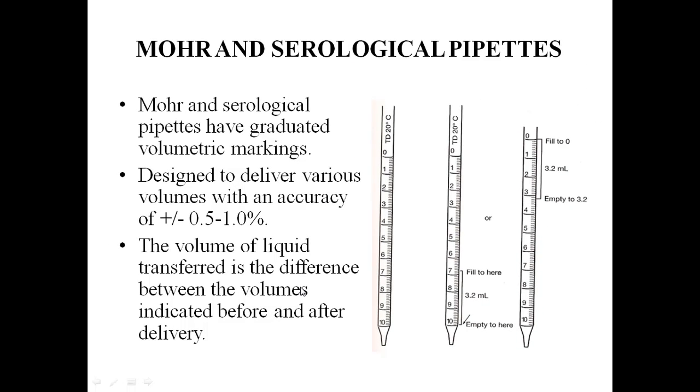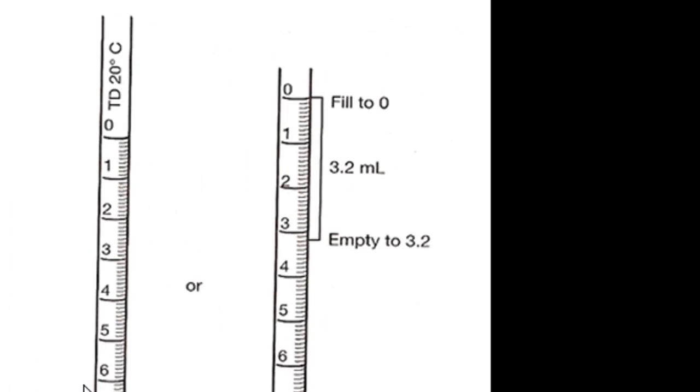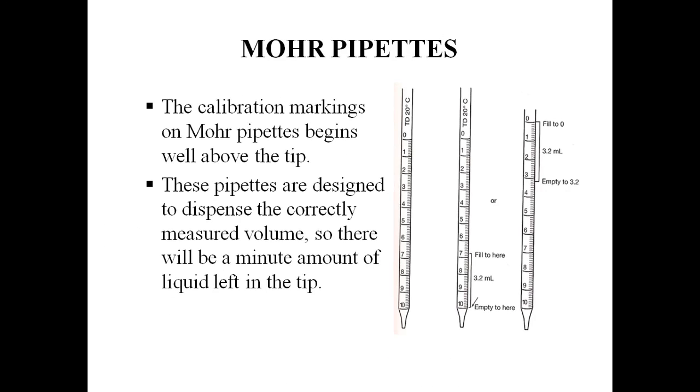The volume of liquid transferred, meaning how much liquid is transferred by these pipettes, can be measured by the difference between the volumes indicated before and after the delivery. So by subtracting the value after delivery from the previous volume, you can exactly measure the volume delivered by this pipette.